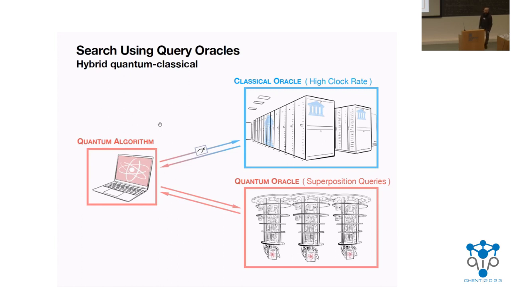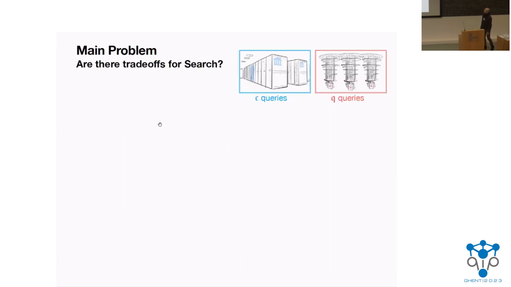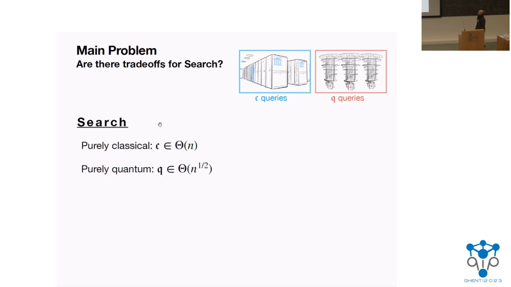Okay, so before I formalize this model any further, let me talk about the research question that we are interested in here. Suppose that we have C queries to the classical oracle and Q queries to the quantum oracle. We know that for purely classical search, the best we can do is a linear number of queries.